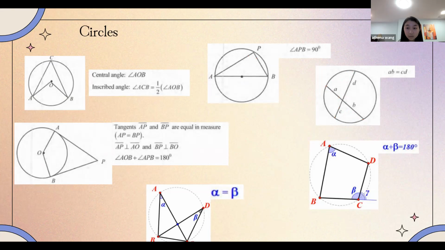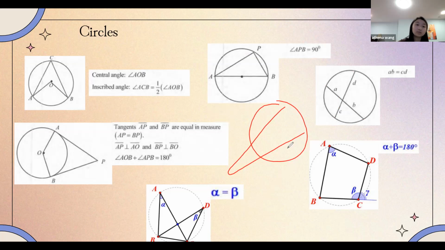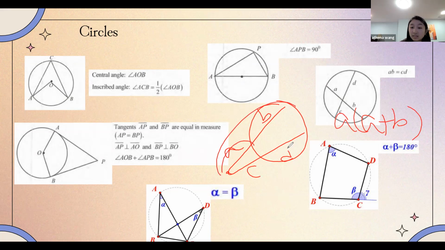I will talk to you about the other form of power of a point, although you probably don't need to use it. If we have an angle, or two lines drawn outside of the circle that meet at one point, I will call these A, B, C, D. We have that A times A plus B, so this times that, is equal to this times that.